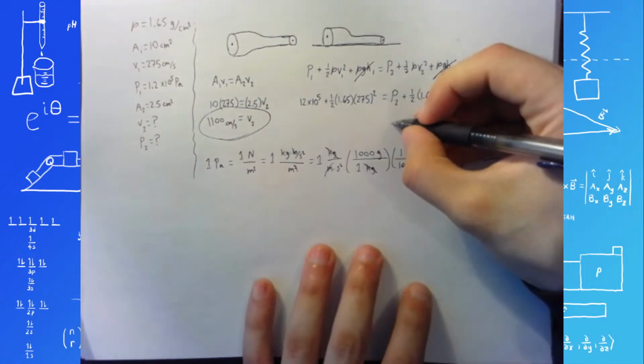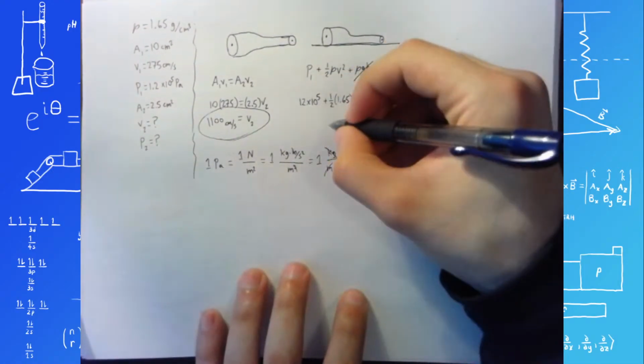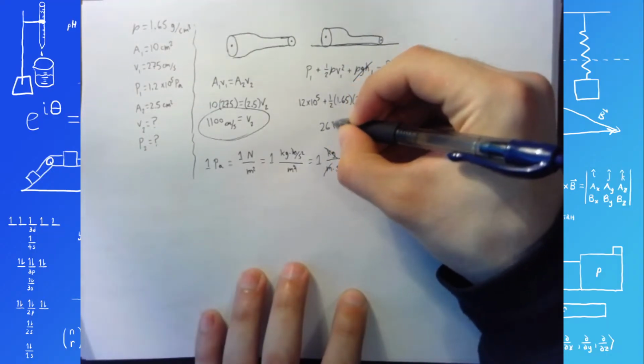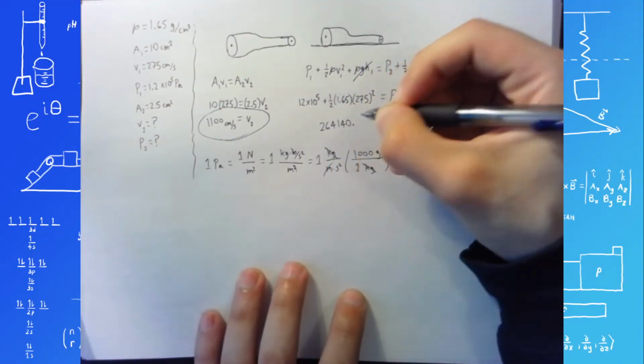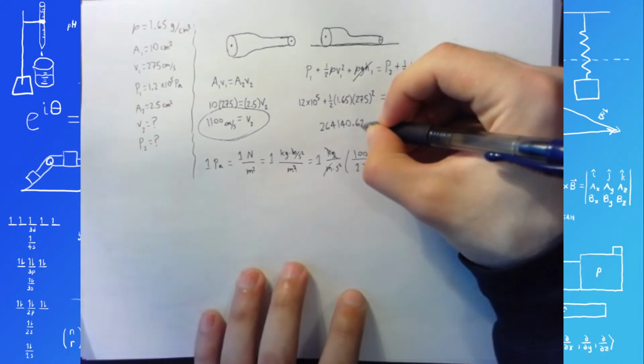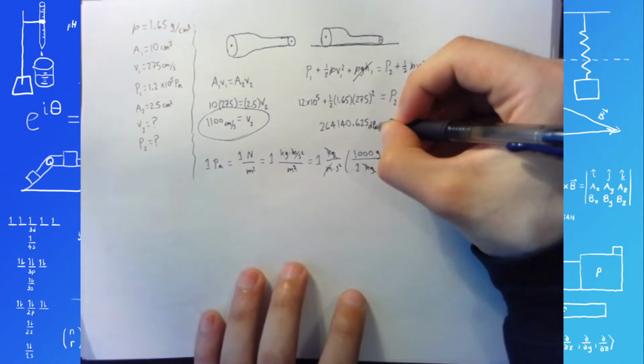So I'm getting P2 equals 264,140.625. This is in decipascals, tenths of a Pascal.